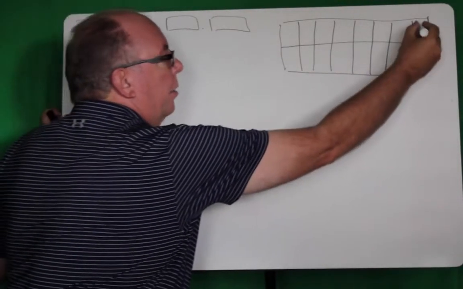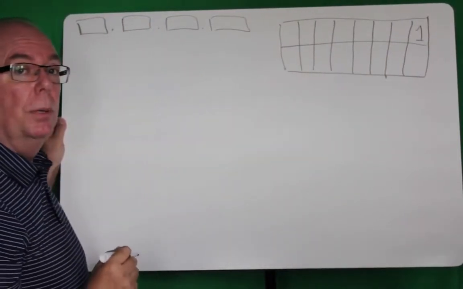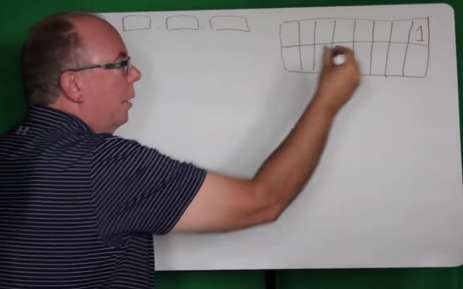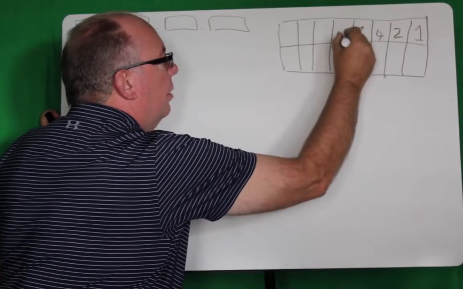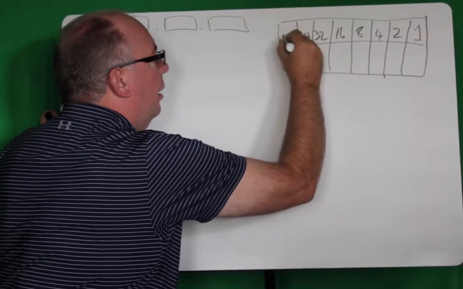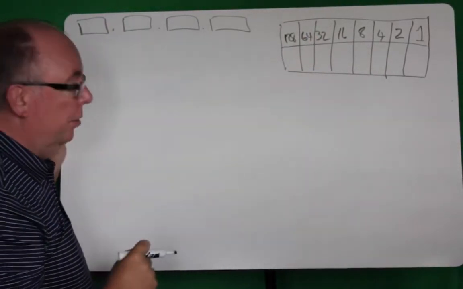So on the right-hand side, the value of the bit, the least significant bit, is going to be 1. Then we will count by 2s, or actually multiply by 2s. So 2, 4, 8, 16, 32, 64, and 128. These are the value of the octal bits.